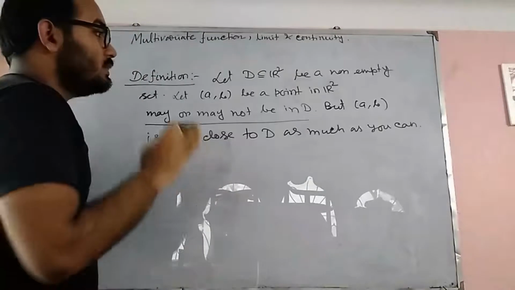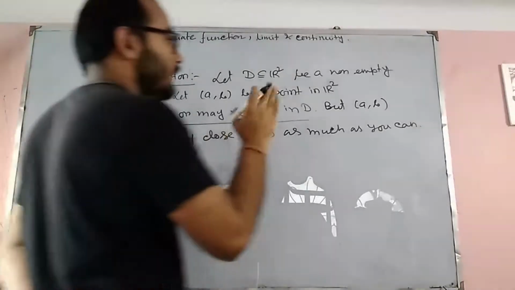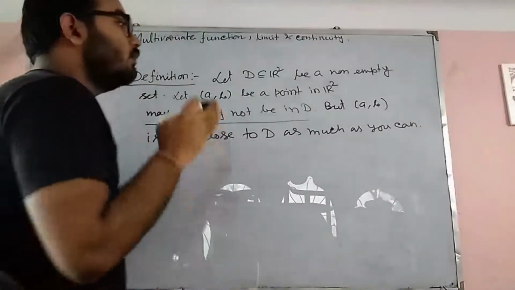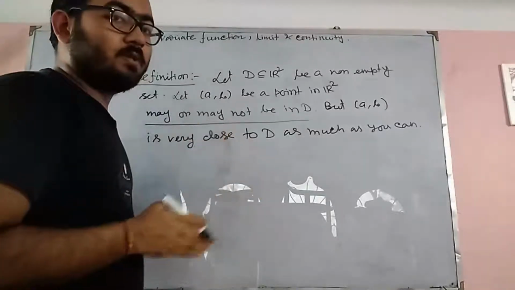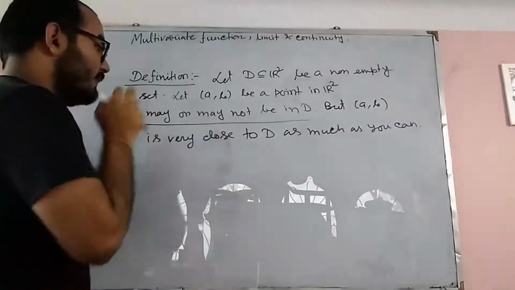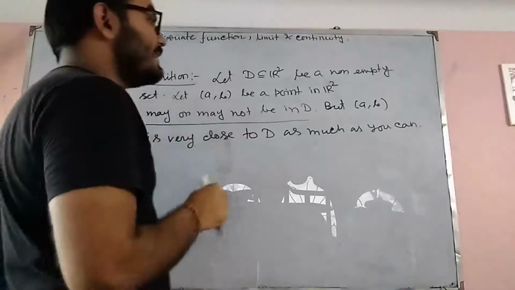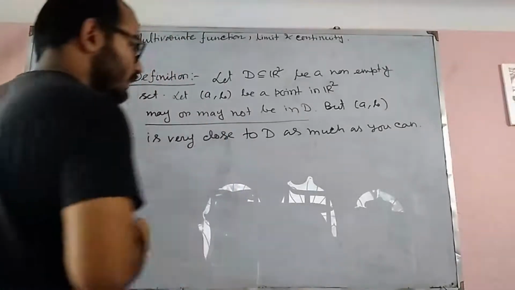You have to take the point (a, b) where we estimate the limit of the function very close to D as much as you can.